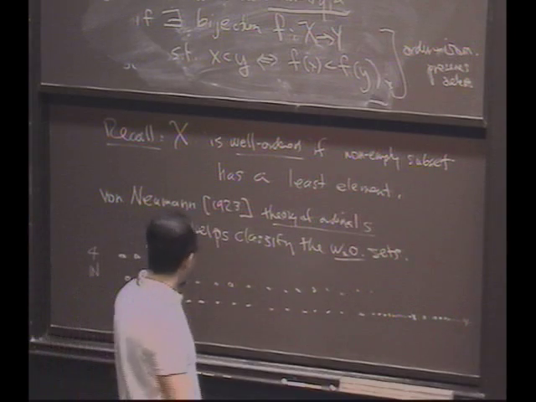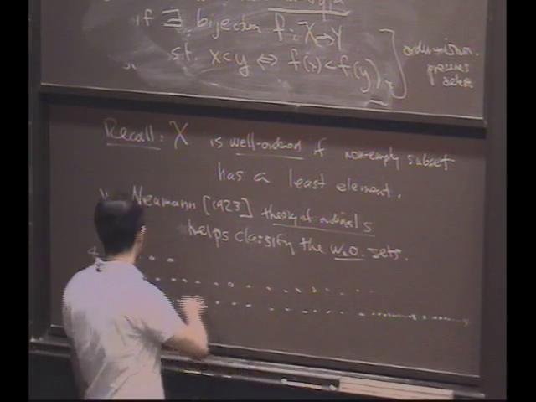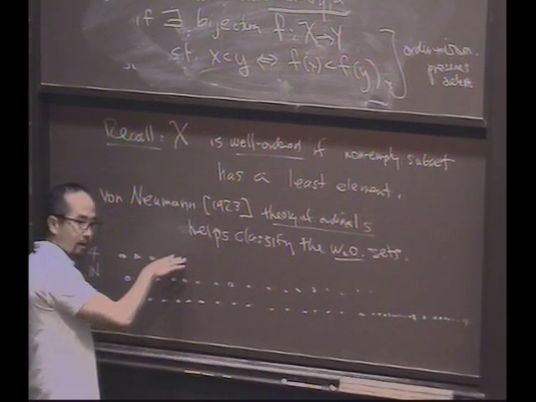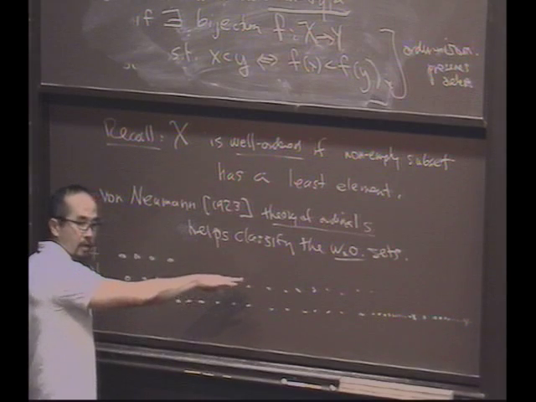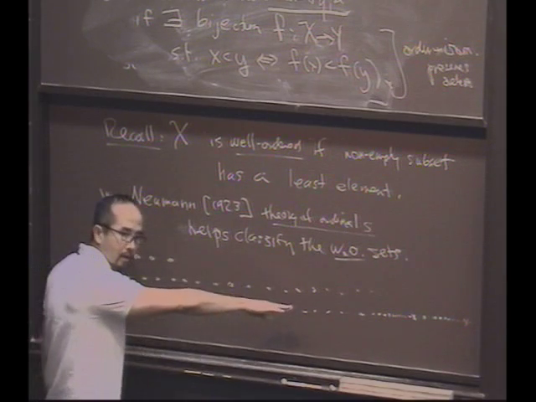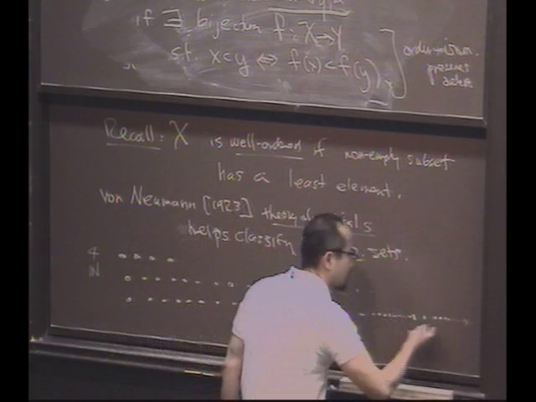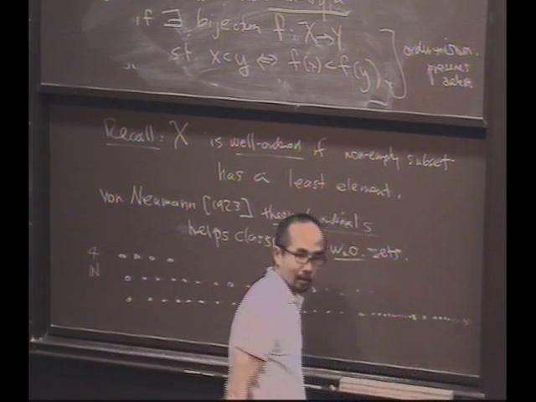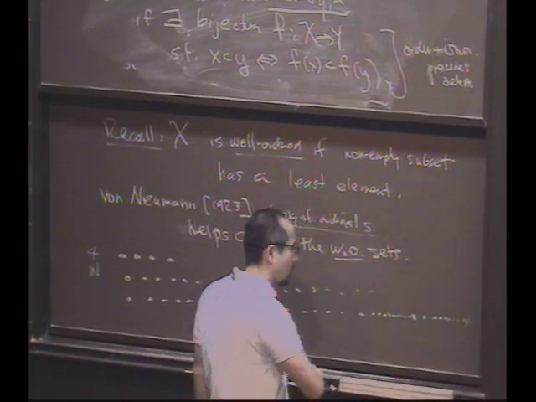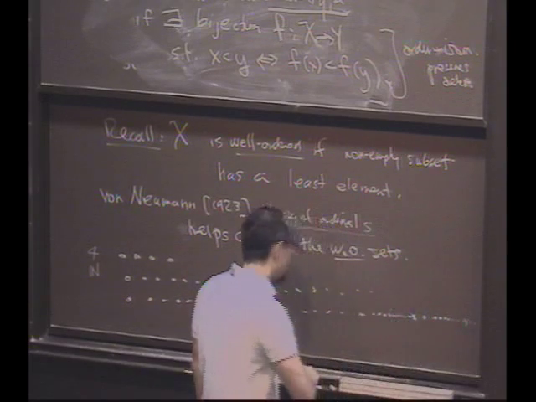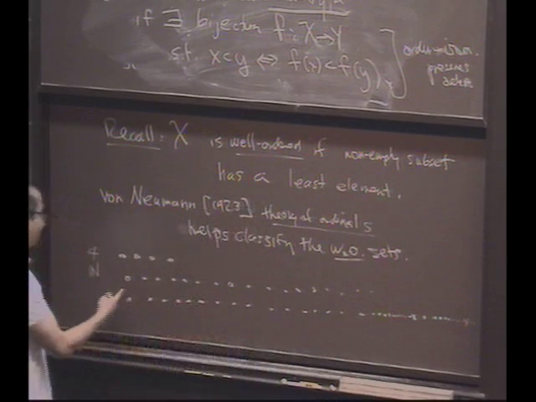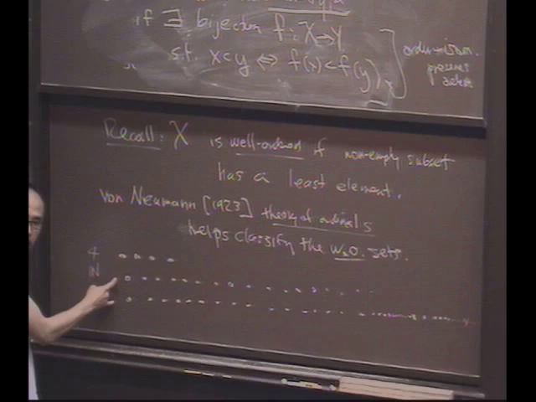How many points do we have in this set? Finitely many. How many here? Countably many. How many here? Also countably many. There's countably many here, another countably many here, and three more points here. So there are many different well-ordered sets that have the same cardinality.